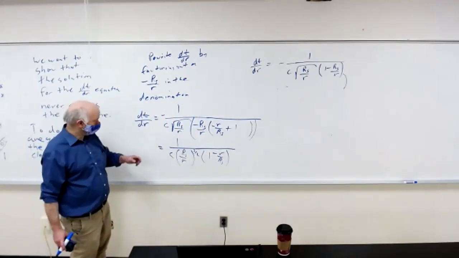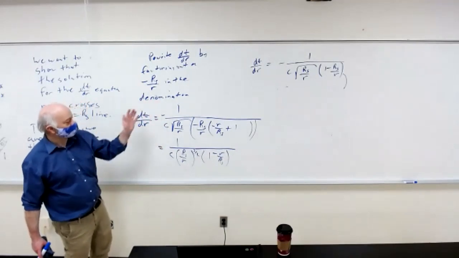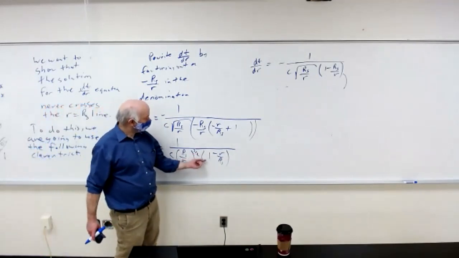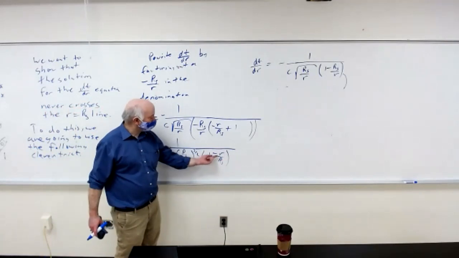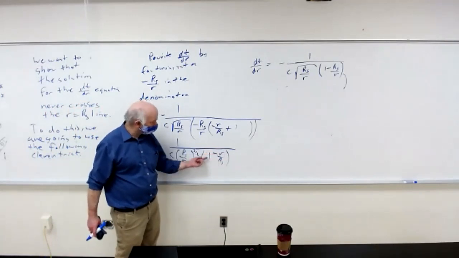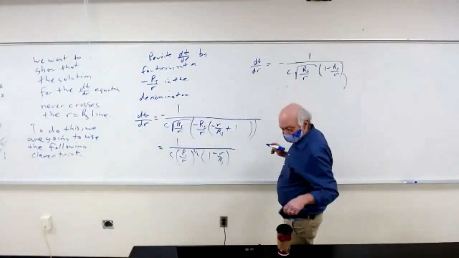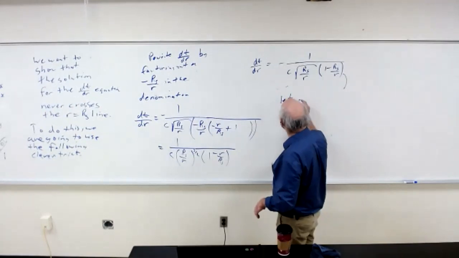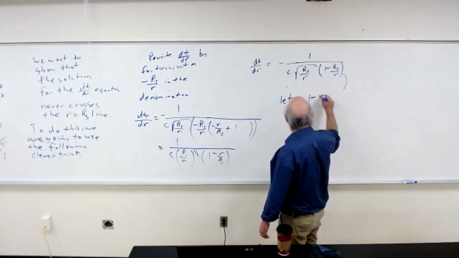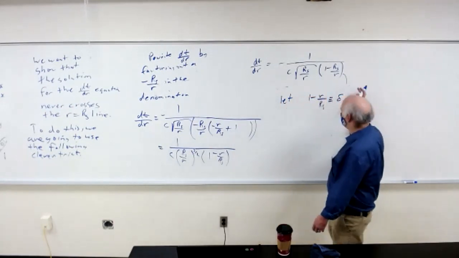Now here's the trick. This part wasn't in the trick, but I think it simplifies things. R is going to get near R sub S, so this whole quantity here is going to be small. So what we're going to do is let 1 minus R over RS be, by definition, delta.